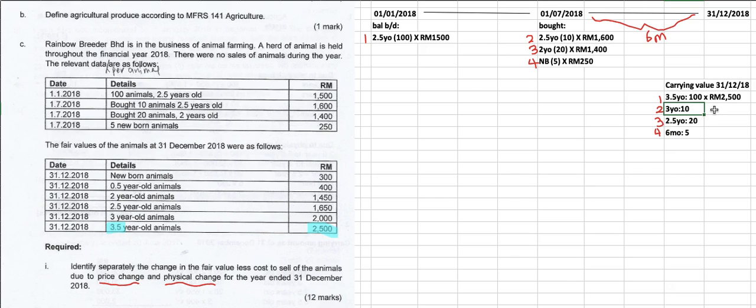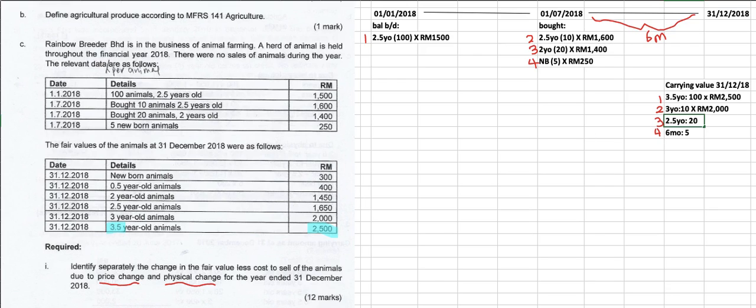Okay, 2,500. And this 3 years old on 31st December 18, 3 years old is this one. It is at RM 2000. So we times this with RM 2000. 2.5 years old on 31st December is RM 1650.